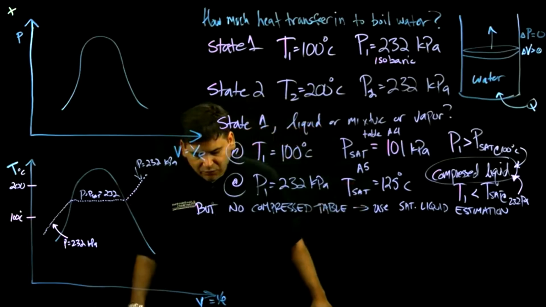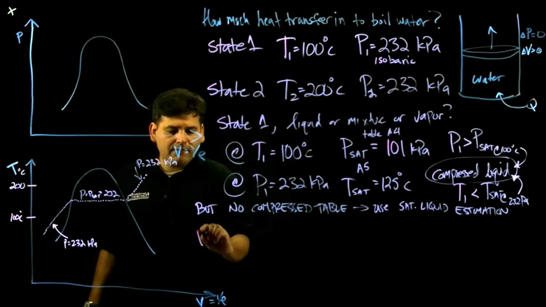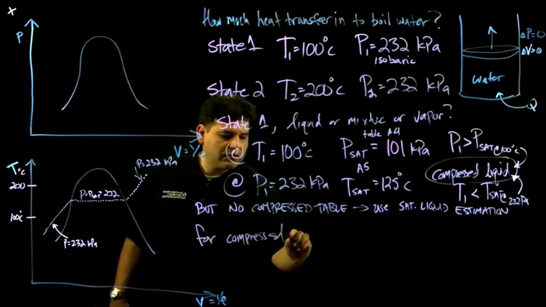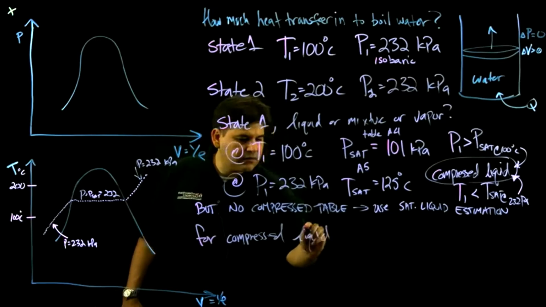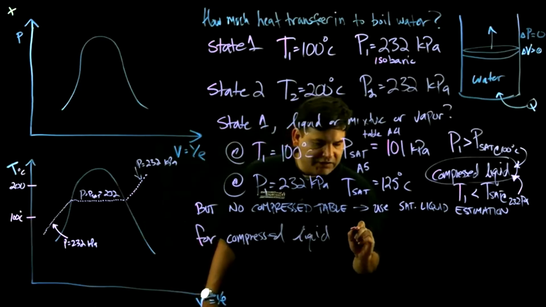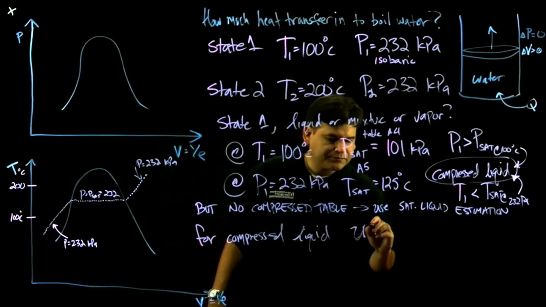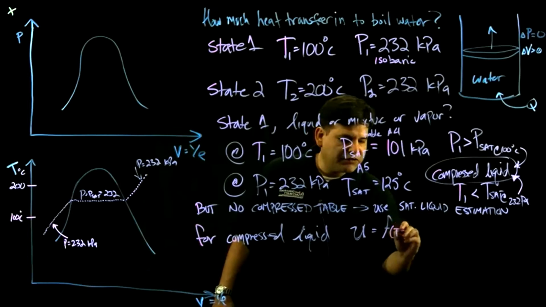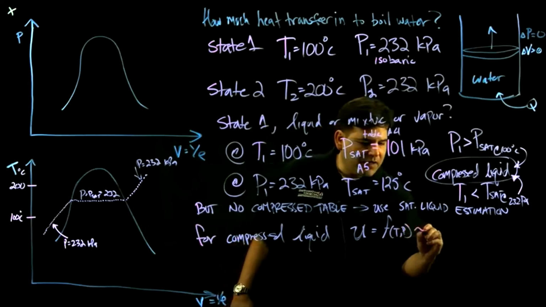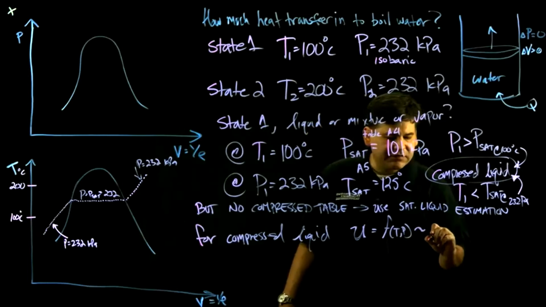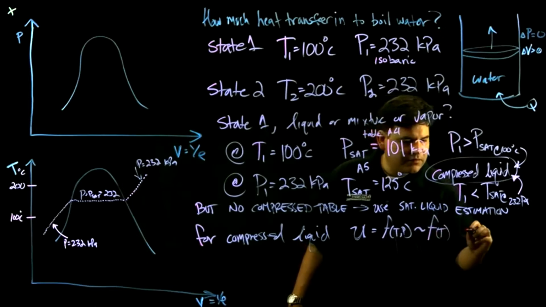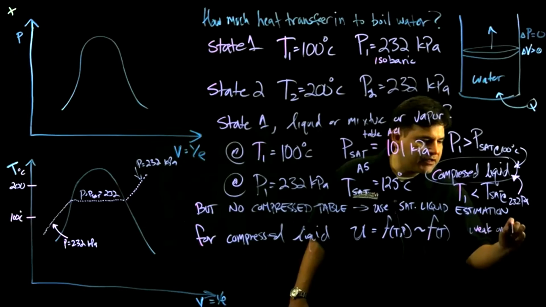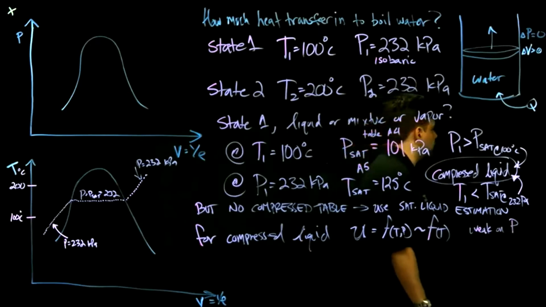Well, let's do an approximation that for compressed liquid, the internal energy and other properties equal a function of temperature and pressure, but it's a pretty good approximation to say that it's only a function of temperature. Weak on pressure, meaning that it doesn't strongly depend on pressure.